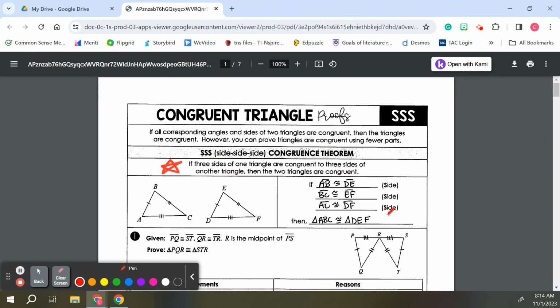Now we're going to jump around a little bit, only because I want to make sure we're getting all the information. I would like you guys to turn to the next page where it says SAS.